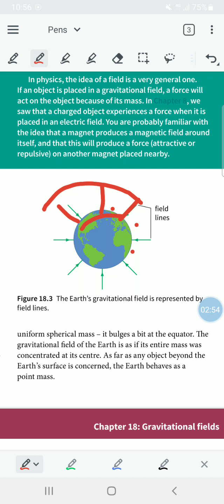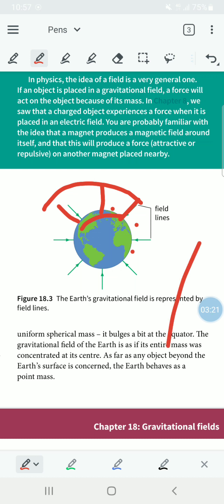Then at the same time, the gravitational field of the Earth is as if its entire mass was concentrated at its center. So, as far as any object beyond the surface is concerned, the Earth behaves as a point mass. We are all attracted towards the center of the Earth, as if it is the center of the Earth that holds all the mass.